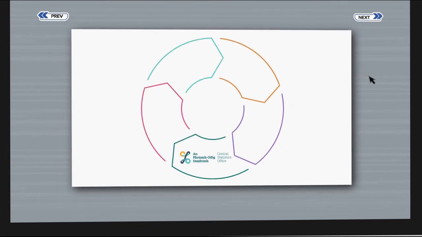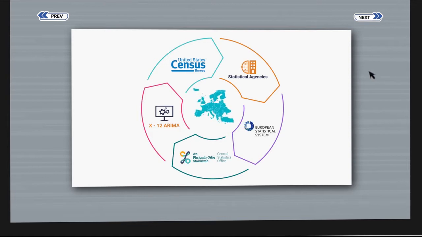The Central Statistics Office uses the X12 ARIMA method, developed by the US Census Bureau, to carry out seasonal adjustment. This methodology is widely used by statistical agencies in the UK, the USA, Canada, and throughout Europe.